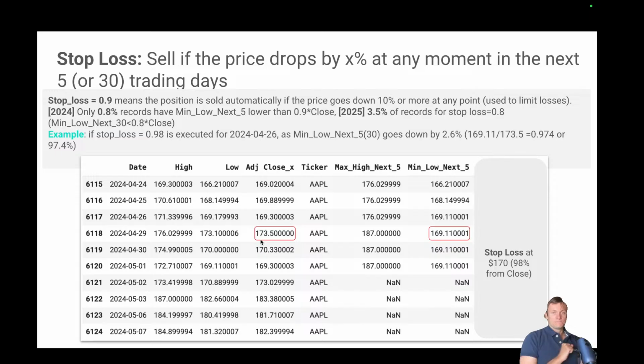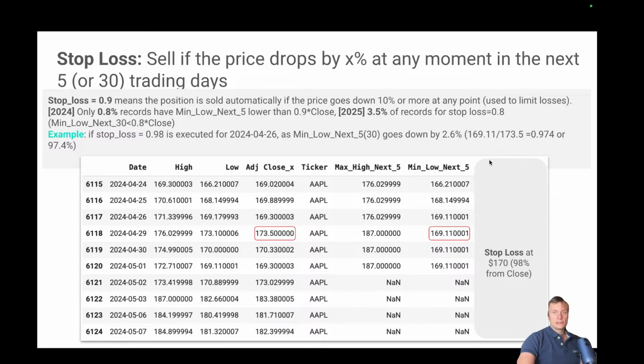And let's assume that we bought an Apple stock on the 29th of April at a price of 173.5, and in our simulations, so you never know if it will happen if you buy it now or not, but historically you can calculate all of that.